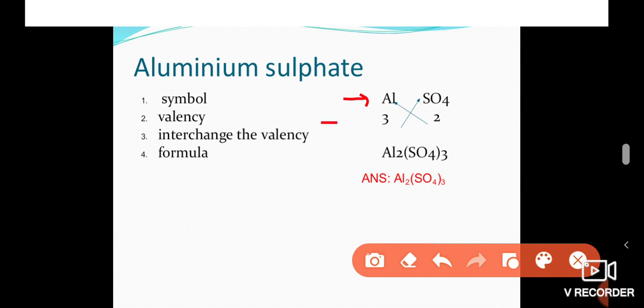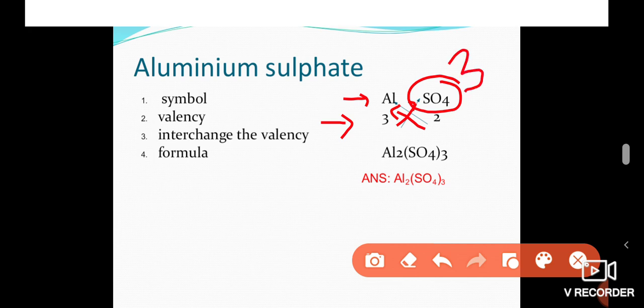Here, in the second step, we should mention the valency. So the valency of aluminium is 3. The valency of sulfate is 2. And next, the third step, interchange the valency. Now aluminium's valency goes to the SO4, and SO4's valency goes to aluminium. Finally, we get Al2. After interchanging, how many sulfate are there? 3 sulfate.